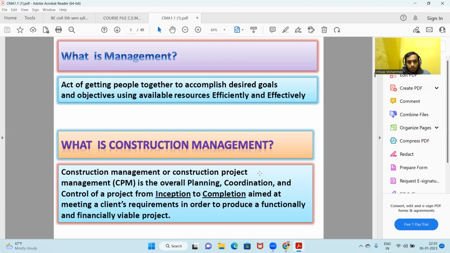It has to be according to the client's requirement, and it should be functionally viable. When the structure gets completed, it should be useful and financially viable, that is, it should be effective. It can't go over the budget. We have a certain budget in mind, and we can't make the structure too costly.